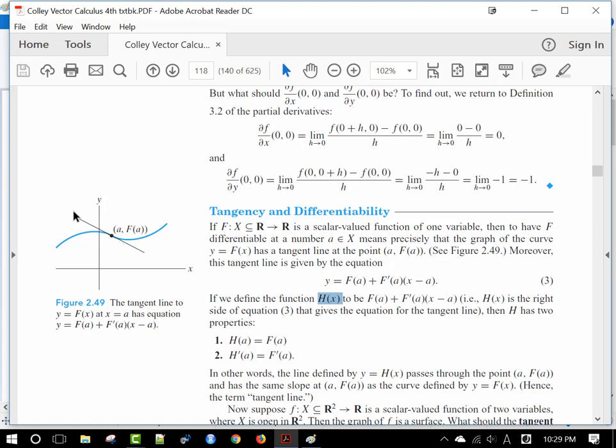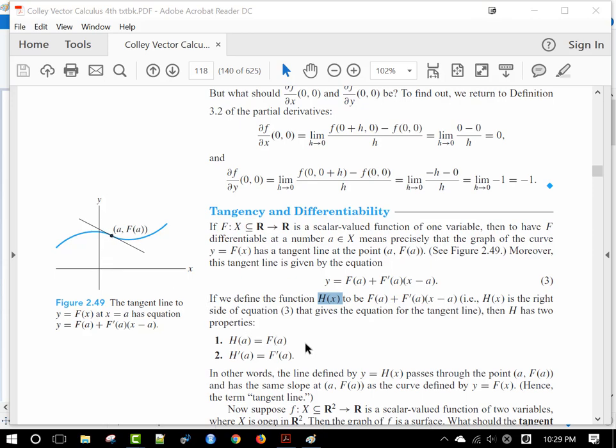remember h is basically this line. So this line and this blue curve don't agree everywhere. In fact, they don't really agree. They only agree right here. They both contain this point. So that's what this says: h of a is the same as f of a.